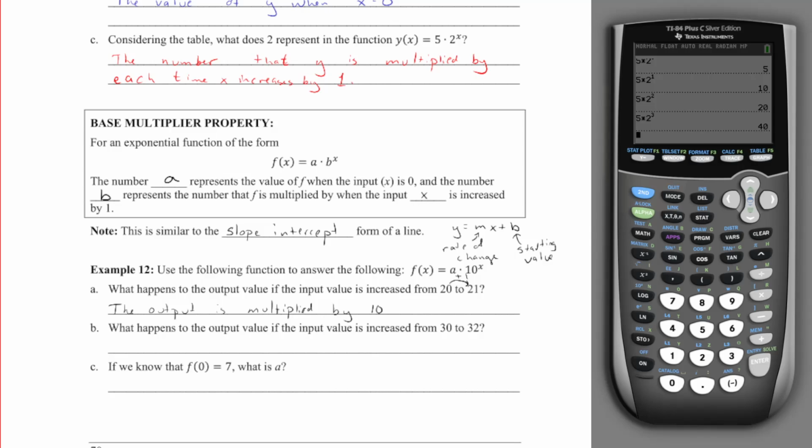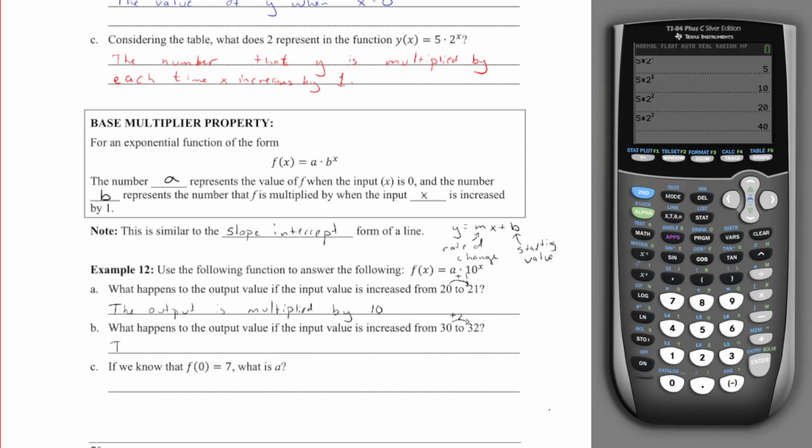Because 10 is in the place of that b. It's the number that our output is multiplied by each time x increases by 1. On the other hand, what happens to the output value if the input value is increased from 30 to 32? So that's an increase of plus 2. It's increasing twice.